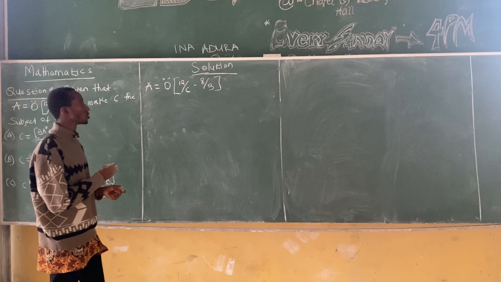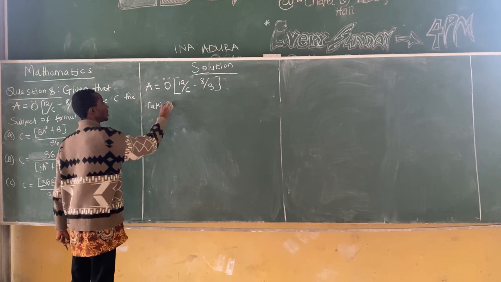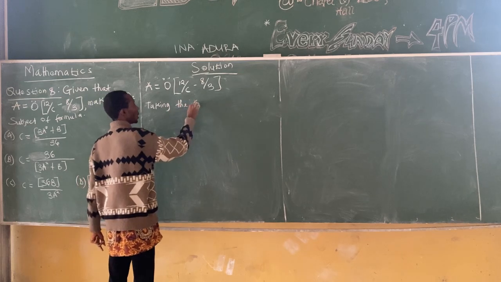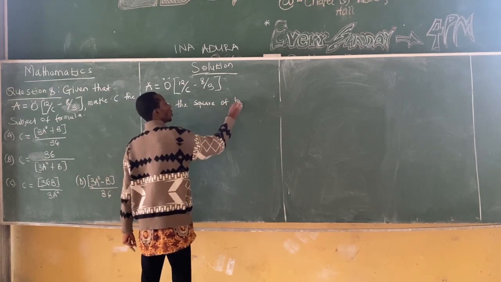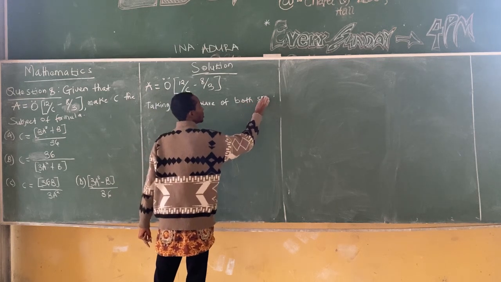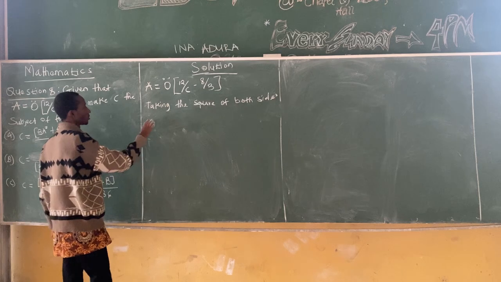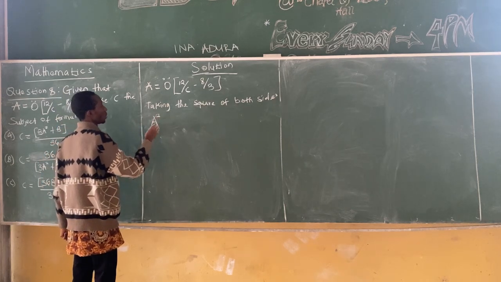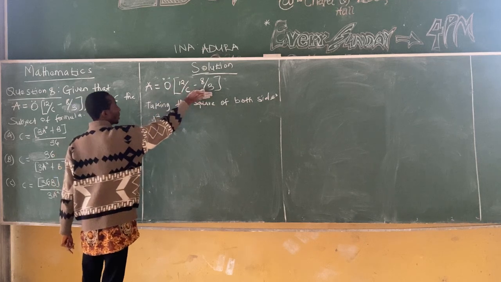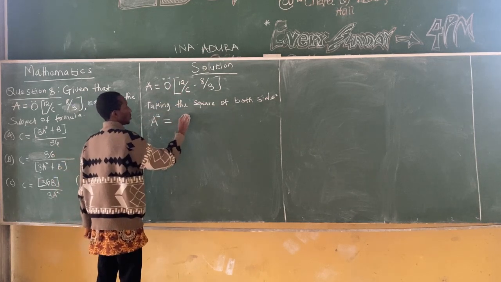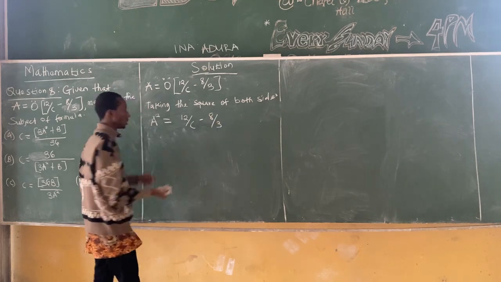So taking the square of both sides, we have A squared is equal to, this sign goes out, we're left with 12 over C minus 8 over 3.